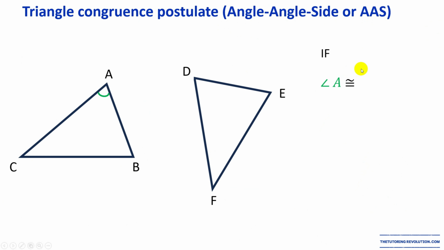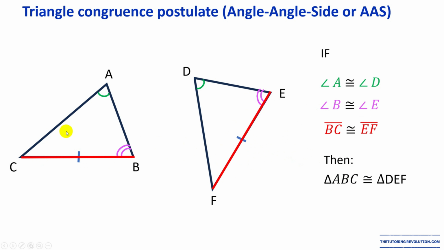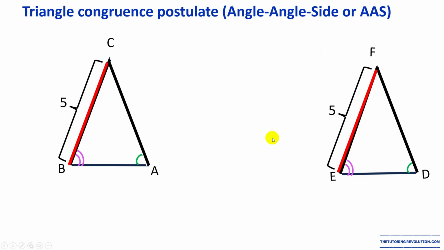If angle A is congruent with angle D, and angle B is congruent with angle E, and side BC is congruent with side EF, we put tick marks to show congruency between these two sides, then the two triangles are congruent. Okay? Let's try to understand this property with this example here.